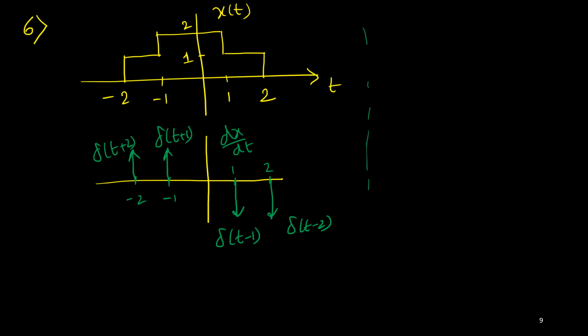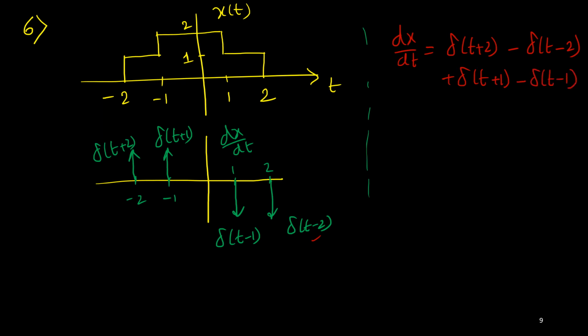So we can write dx/dt as having these components: delta t plus 2, minus delta t minus 2, plus delta t plus 1, minus delta t minus 1. Then if you take the Fourier transform on both sides using the differentiation property, it is j omega capital X of j omega.